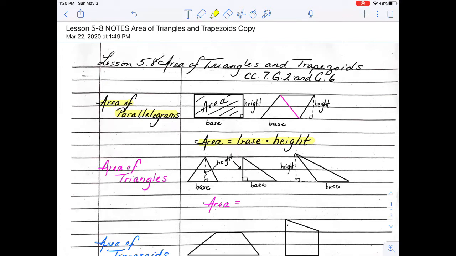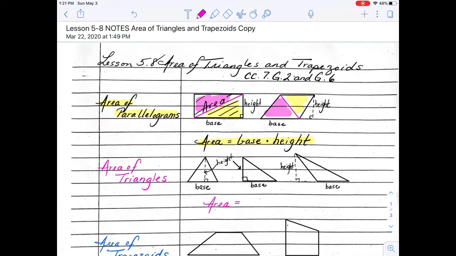I actually have two triangles. And if I took that other parallelogram and I cut it in half, I should have, again, two triangles. Every parallelogram is made up of two triangles.